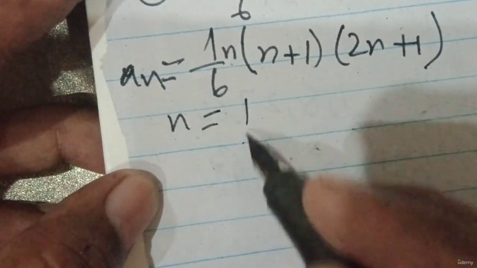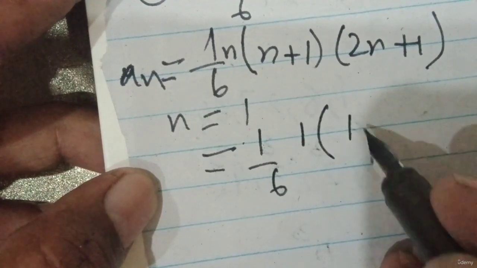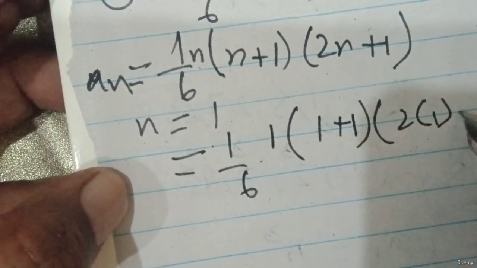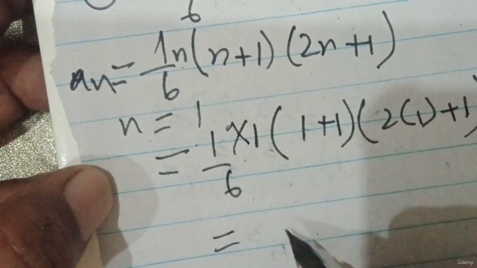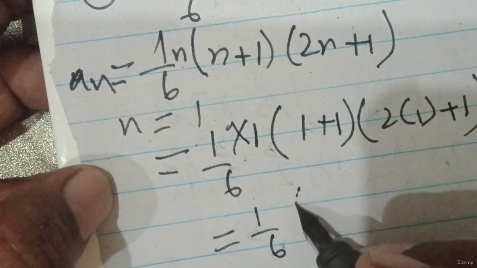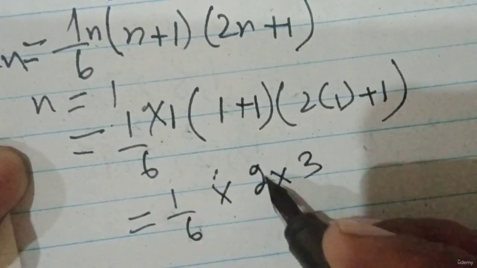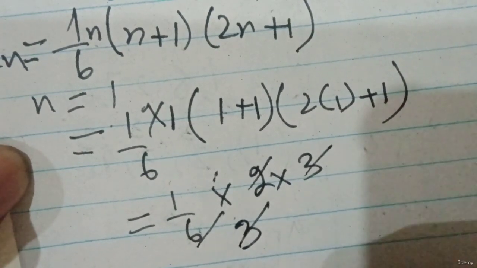Simple calculation of mathematics. 1 plus 1 and 2 multiplied by 1 plus 1. This is your 1 upon 6 and 2 and this will be 3. Now 2 ones are 2, 2, 3. Now 3 ones are 3, you have 1. Your first term is 1.